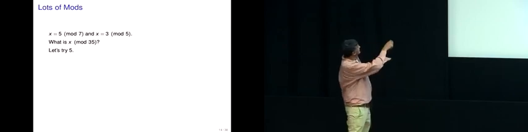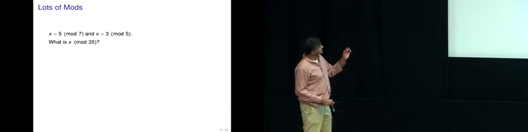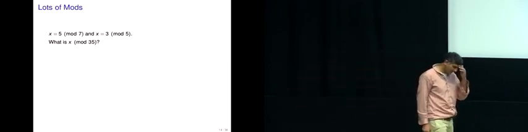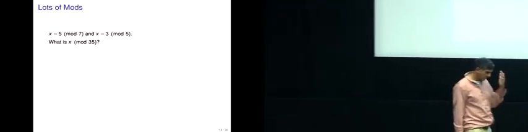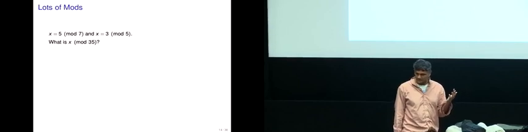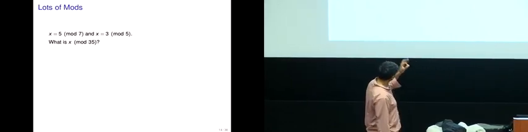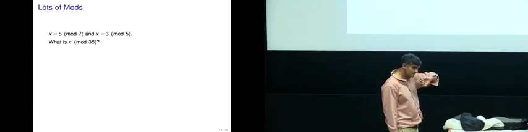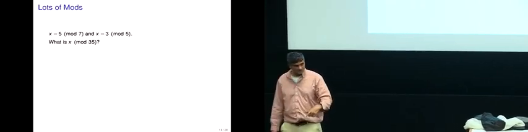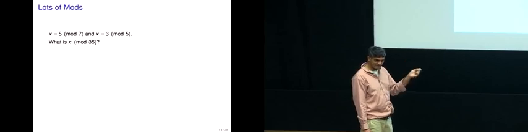Okay. What is x mod 35? There's some x. Now I'm saying something different. Now I'm thinking in this realm where x is not from 0 to 4. It's just some integer. When I use the equation x equals 5 mod 7, I'm saying the equivalence class this number belongs to is the 5 equivalence class mod 7.